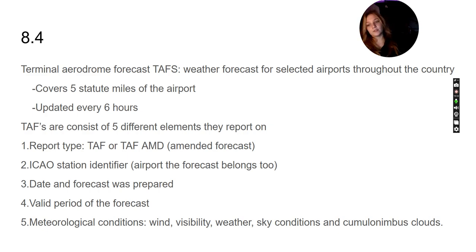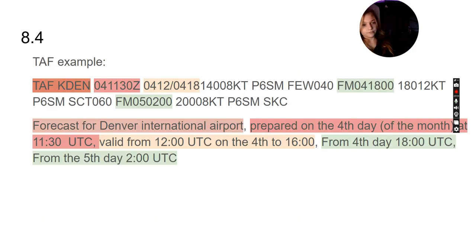The ICAO station identifier, so the airport that the forecast belongs to. The date the forecast was prepared, the valid period of the forecast, and then meteorological conditions like wind, visibility, weather, sky conditions, and the only clouds that they report on, by the way, are cumulonimbus clouds, okay?